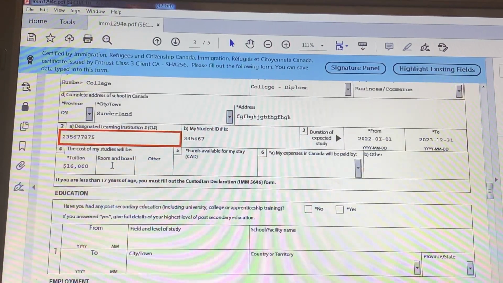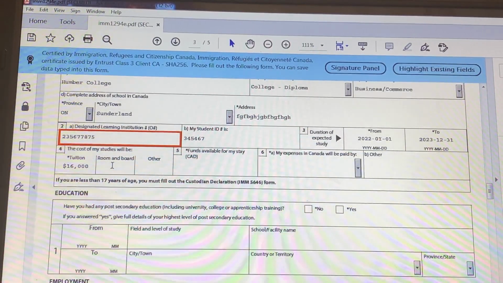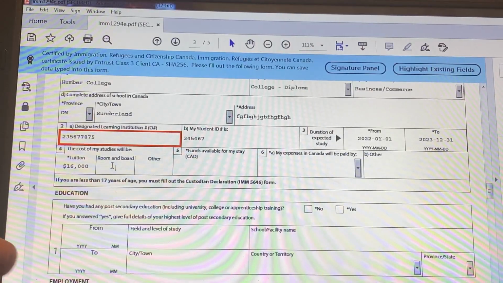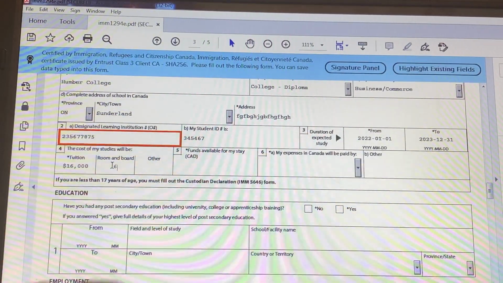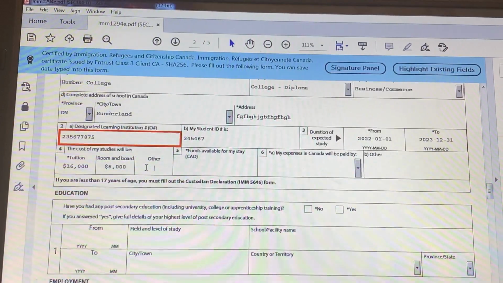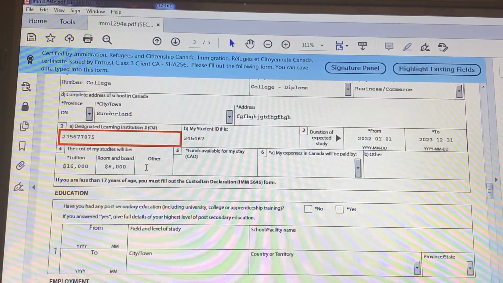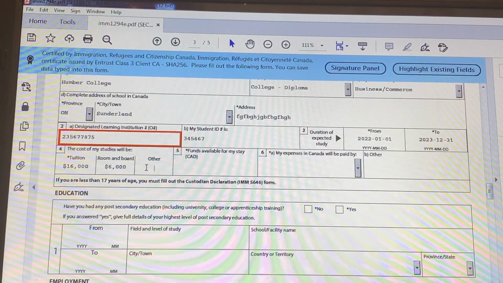All right, guys, it's $500 per month times 12. That's what, $6,000. Yep, math's not that bad. So you put $6,000 right there. If you are renting an apartment, you have to put whatever figure is reasonable to you.